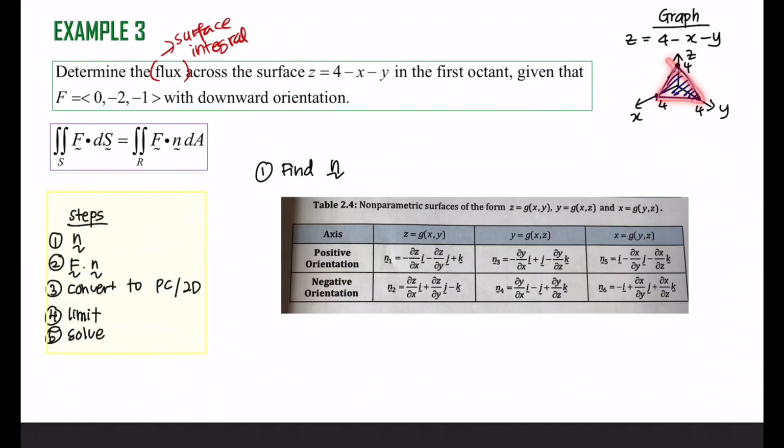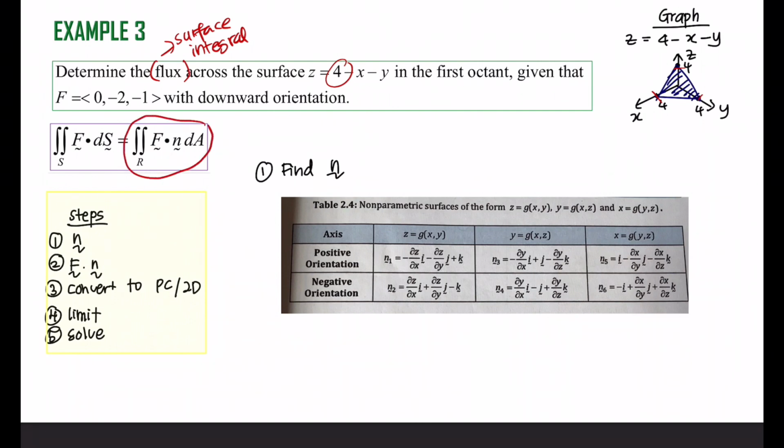So draw this graph for the tetrahedron, where the xy intercept is 4. Okay, this is a tetrahedron. A tetrahedron is a non-parametric surface, so you must calculate the surface integral by using this formula.